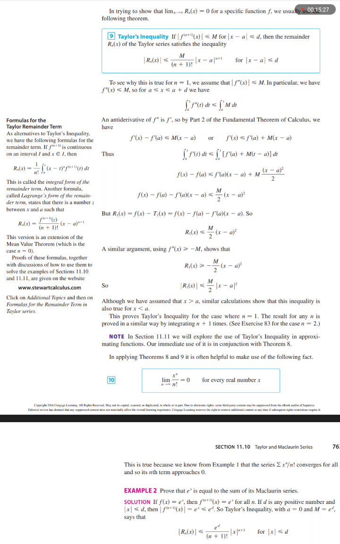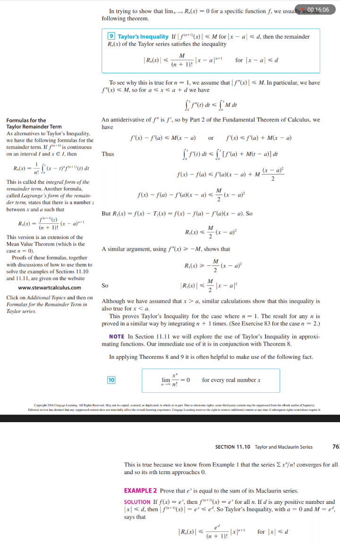Another formula, called Lagrange's form of the remainder term, states that there is a number z between x and a such that big R sub n of x equals the n plus 1 derivative of f of z over (n plus 1) factorial times (x minus a) to the power n plus 1. This version is an extension of the mean value theorem, which is the case n equals 0.